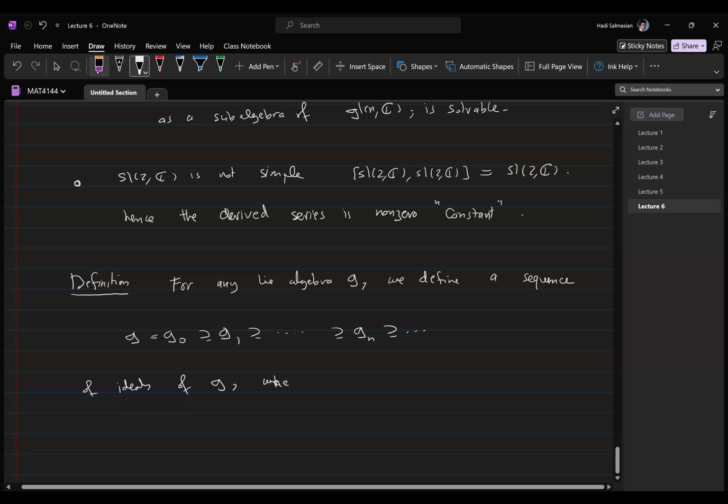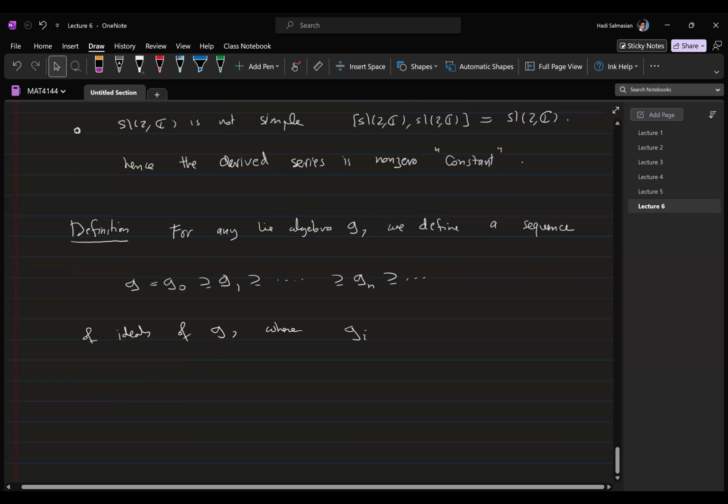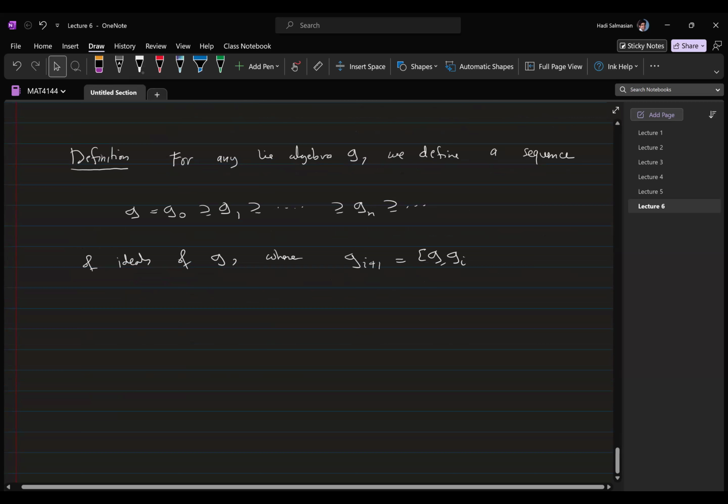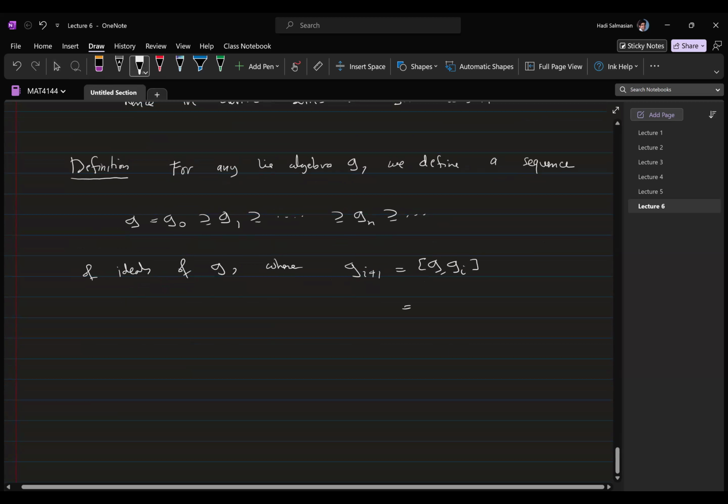So what is each G^i? G^(i+1) is the commutator of G with the previous G^i, [G, G^i]. The notation really means the span of brackets [X, Y], where X is in G and Y is in G^i.